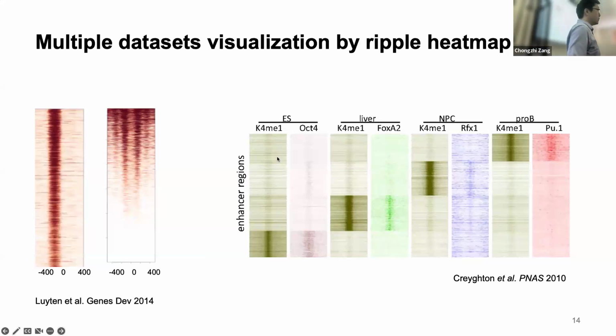Each row represents the same region in the genome, but each column represents a different type of signal, so that we can compare in a certain region: you can see some signals from some samples but not observe other signals. This is another example, comparing transcription factor binding, which is aligned at the center, with a histone modification, where the histone modification only marks the flanking nucleosomes, flanking these transcription factor binding sites.